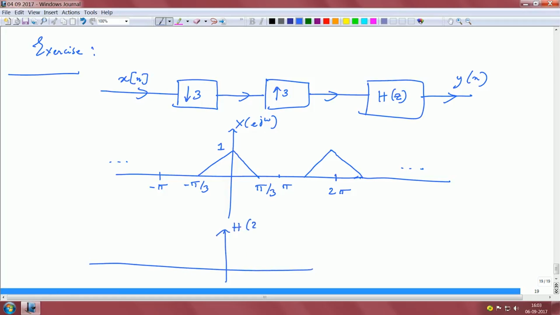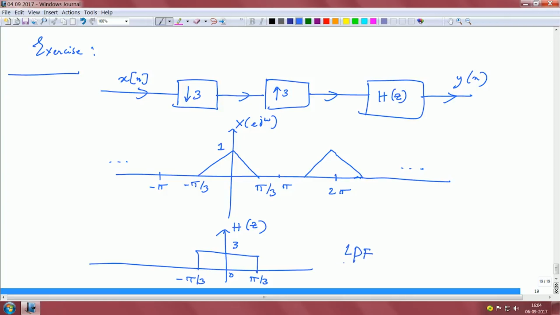My H(z) is a filter which is basically a brick wall filter, but with a gain of 3. This is a low pass filter.